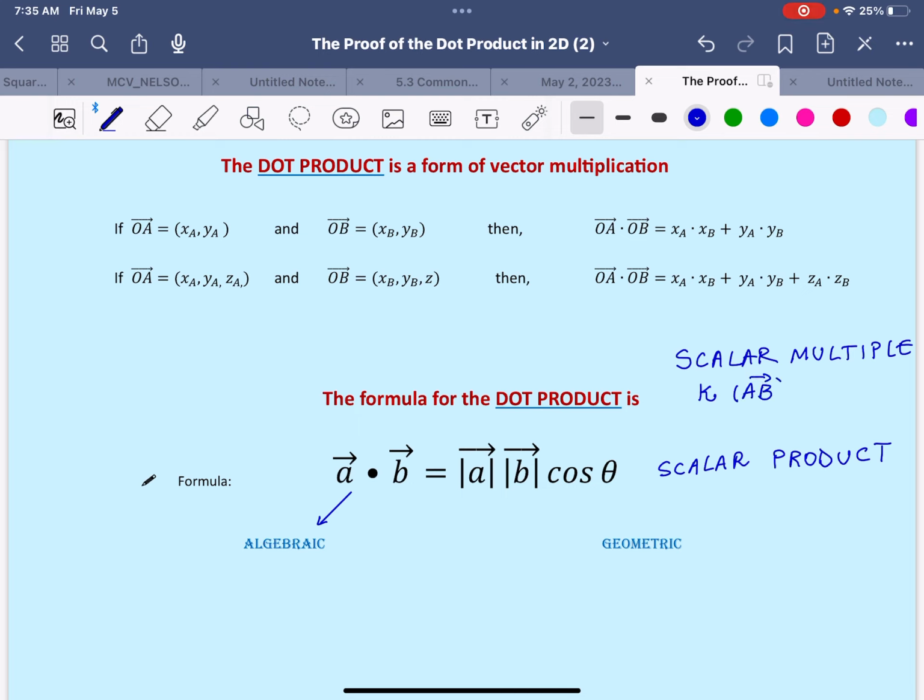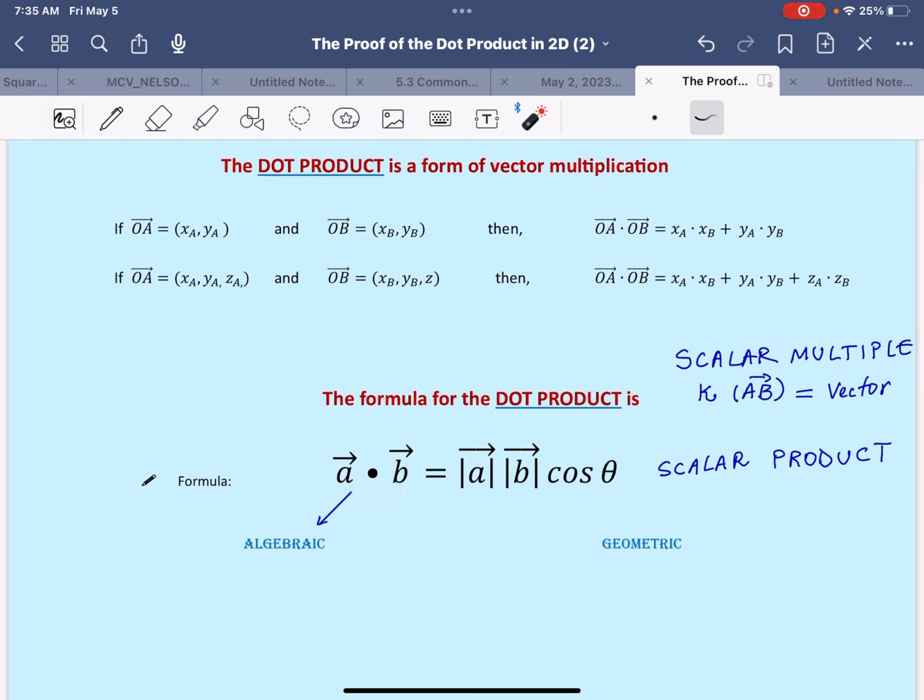So you can make it longer, shorter, go opposite or same direction. In a scalar multiple, we have the product of k, which is a scalar, with a vector, producing another vector. Whereas in a scalar product, which is the same thing as saying the dot product, the product of two vectors would be equal to a number. So here we multiply two vectors that give a number, and here we multiply a vector by a number that gives another vector.